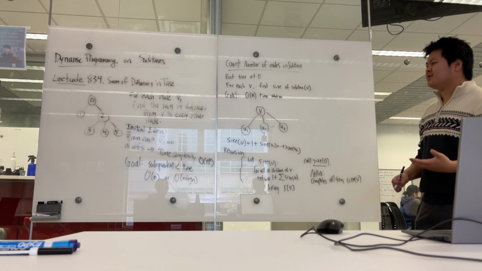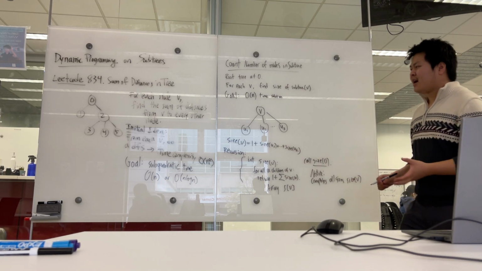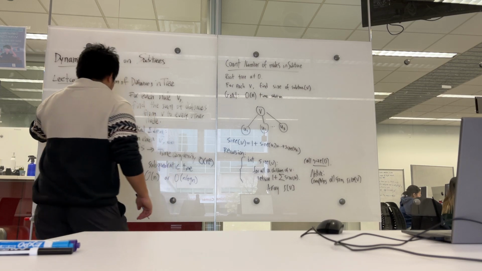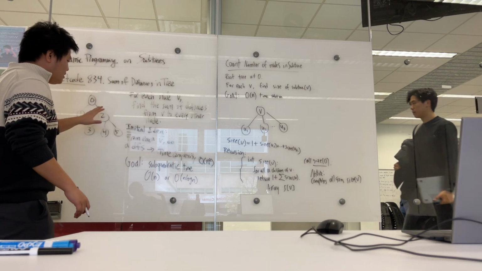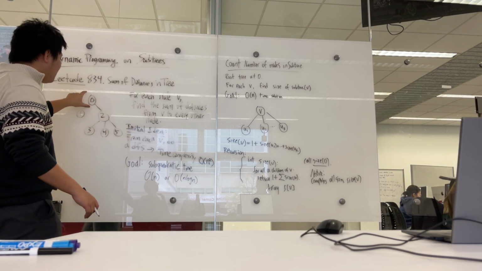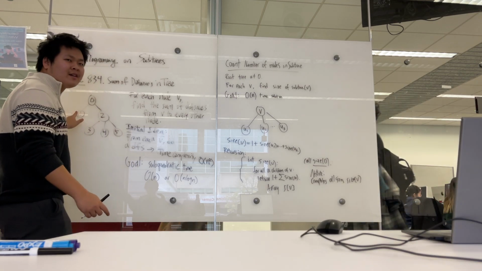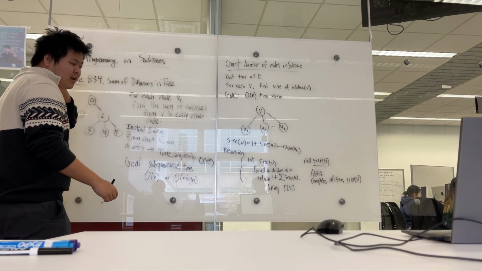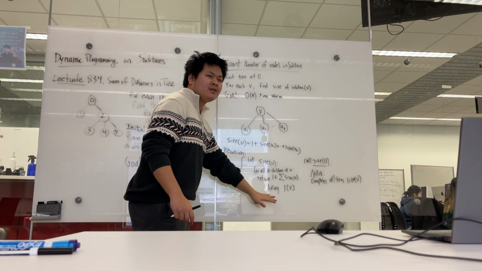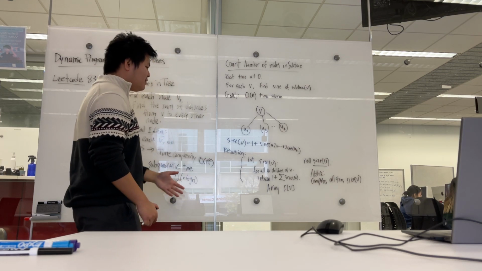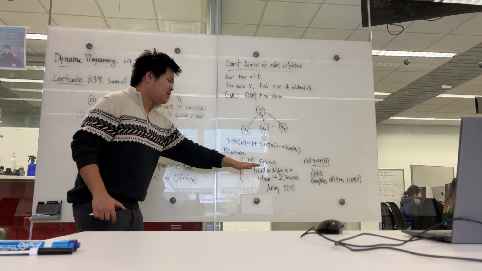But we don't want to do this. After we call size of 0, we've already computed all of the sizes. We don't want to call size of 1 again and then size of 2 again. So along the way, we want to store in an array size of V when it's done.